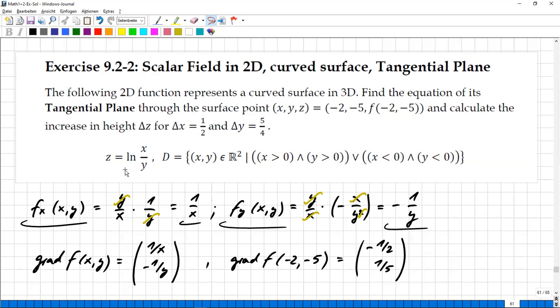It doesn't matter for which of the independent variables I differentiate as long as I'm concerned with the outer derivative. So I take the outer derivative of ln of its argument, which is the reciprocal of its argument.